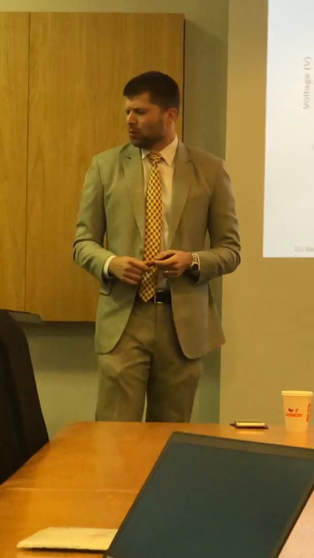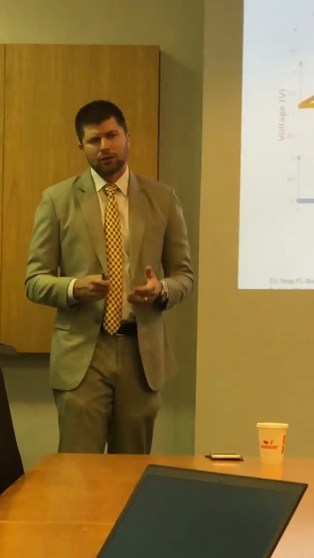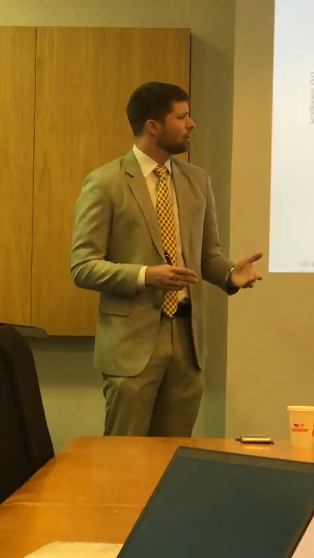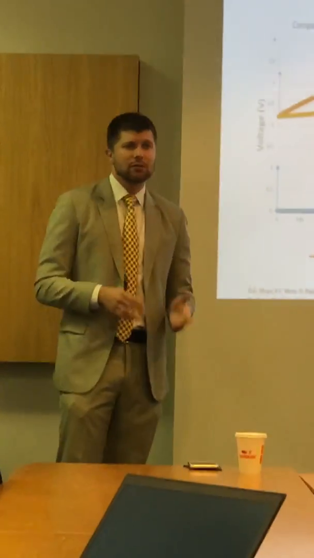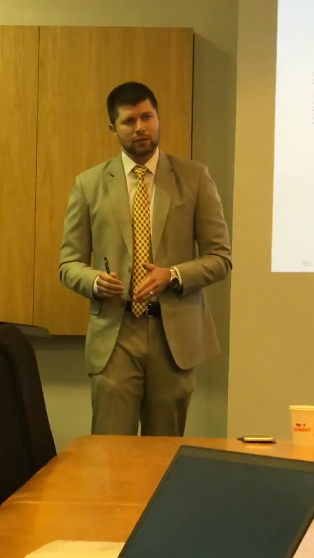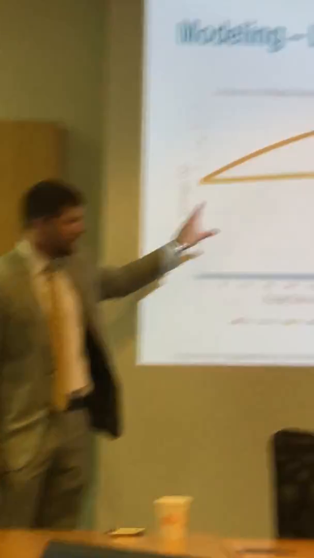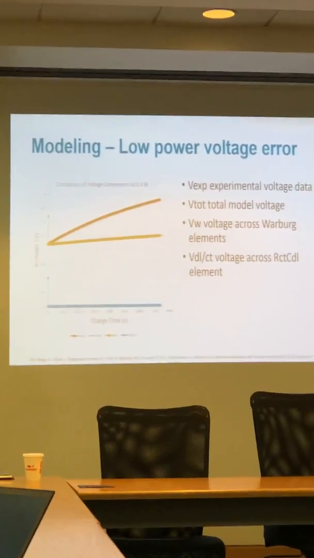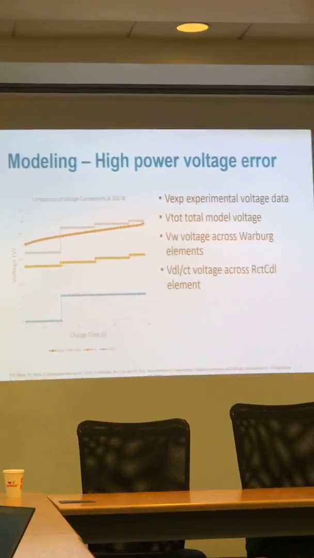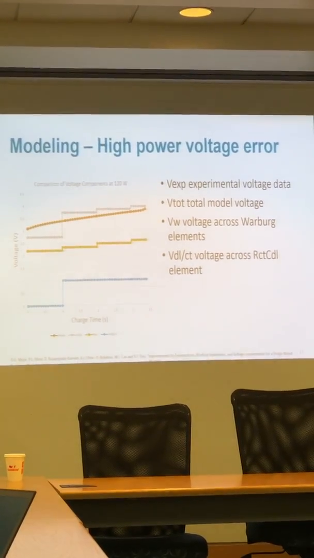But I dug a little bit more and found that the model did not accurately compute the voltage at low current. And this is a problem because voltage is key to determining the state of charge of the device. So it's not going to be useful dynamically, and we're not done yet. But it seemed to work fine at high power. Voltage agreed very well.